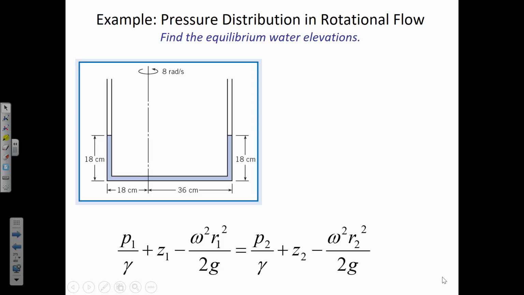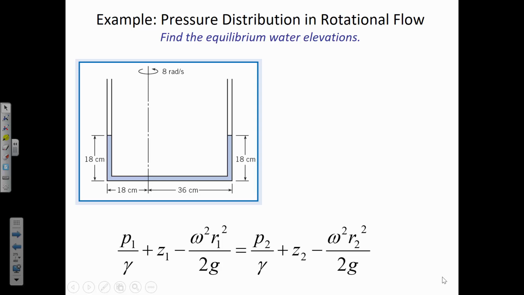Here is Z2. So we know the elevation value, but the radius is unknown. So now what we would say is Z2 is 0.36 plus the R1. If R1 is any less than 18, then it gets additional inches, right?